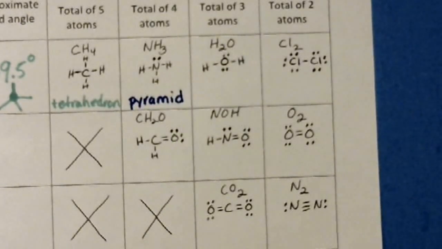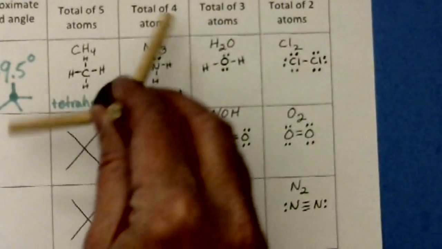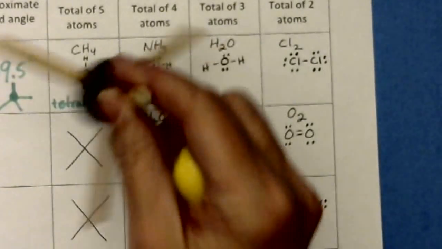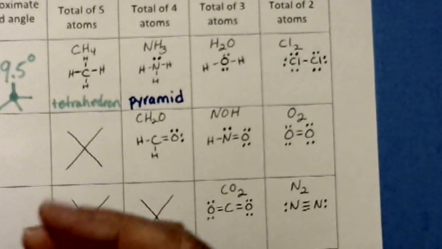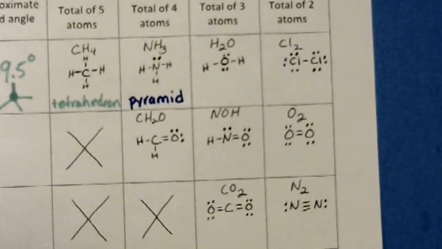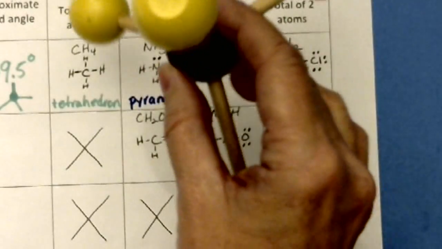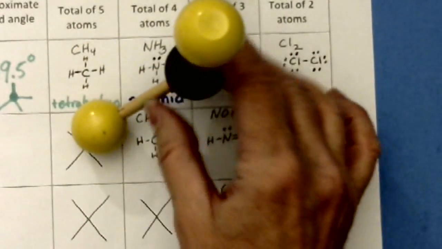Okay. I'm also going to show it to you with my model kit, since I have a model kit here at home. So here was an atom in the center. And if I have 4 atoms on the edges, we get our tetrahedron. Okay, so here is my tetrahedron.